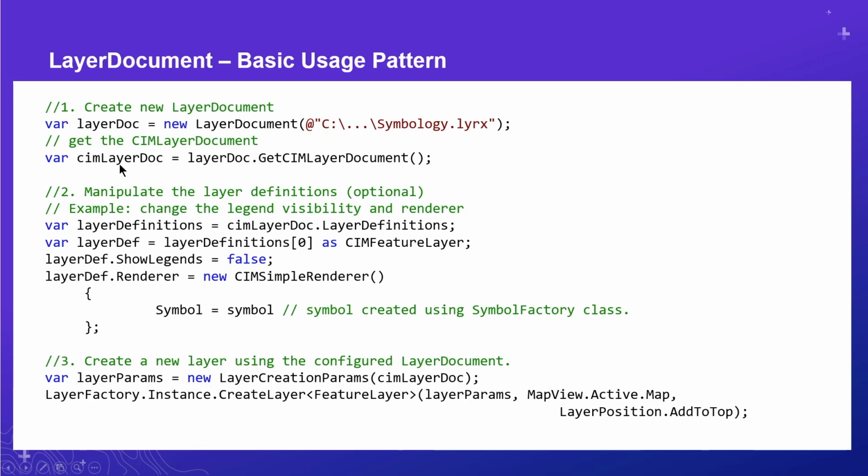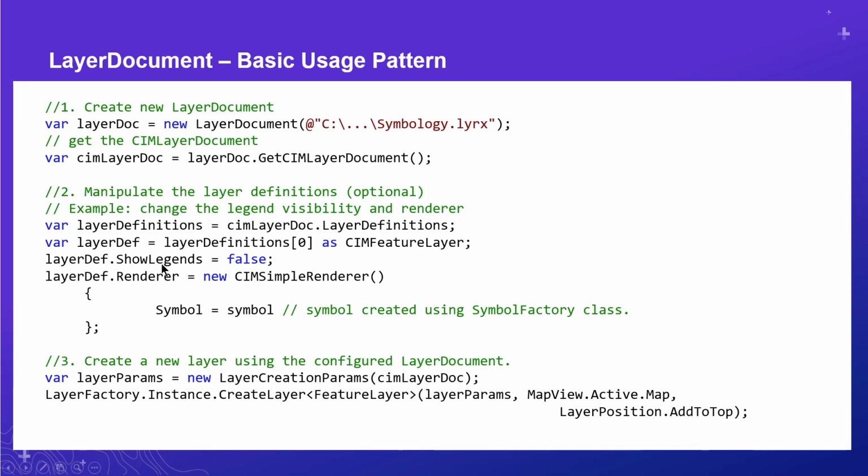And then I'm retrieving the SIM layer document using the get SIM layer document method. Okay, so here is my step 2 where I access the layer definitions. In this particular case, it's not a group layer, so I access the first layer definition.